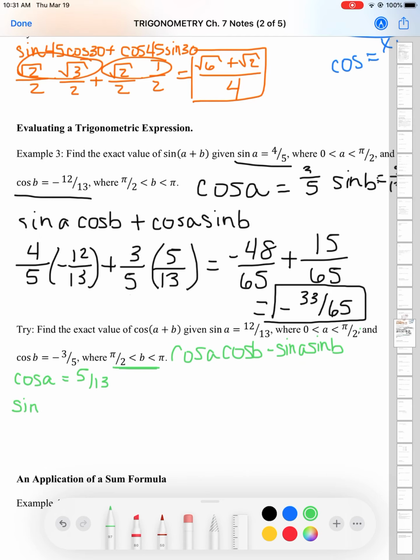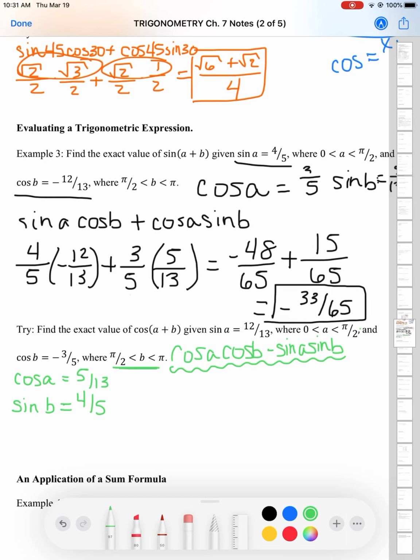Sine B in quadrant 2 has to be positive because sine is positive in quadrant 2. So it has to be 4/5 because 3, 4, 5. So now we're going to plug right in to our formula because I have my 4 pieces. I need 4 pieces: cosine A, cosine B, sine A, and sine B.